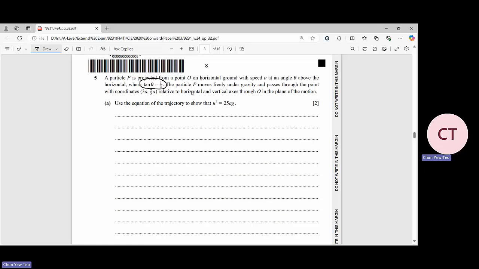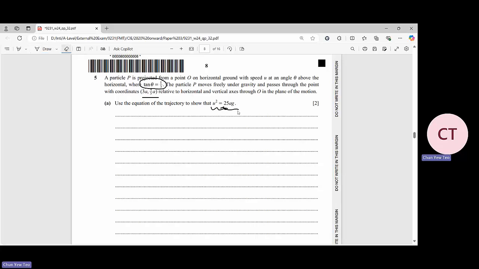The particle P moves freely under gravity and passes through the point with coordinates 3a and 4/5 a relative to the horizontal and vertical axes through O in the plane of the motion. Use the equation of trajectory to show that u square is equal to 25ag.